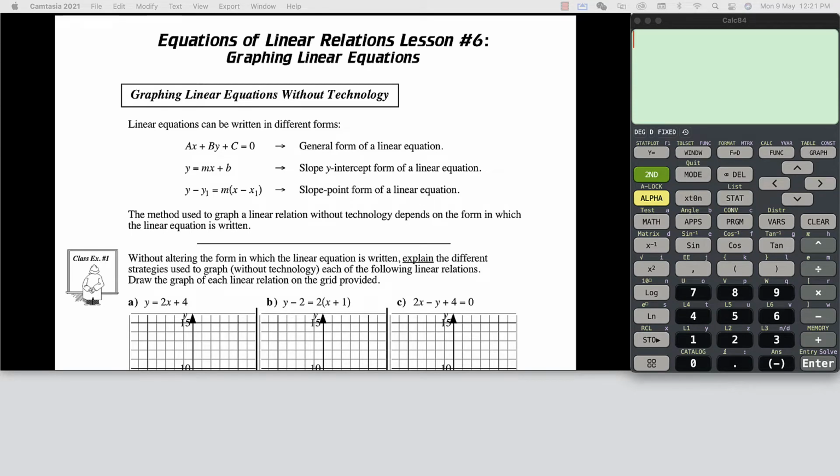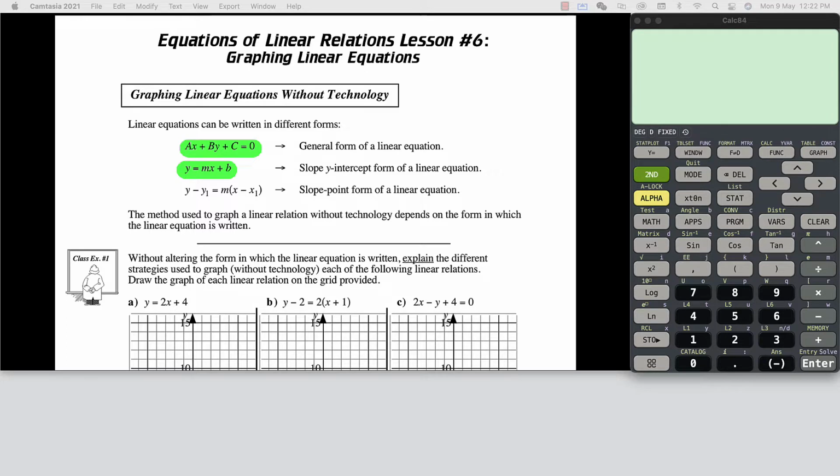We're on Unit 9, Lesson 6, and we're continuing to look at linear equations and different ways to graph them. So first of all, remember that we've got these three different forms of a linear equation. We've got the general form, which is ax plus by plus c. And we've got the slope y-intercept form, which is y equals mx plus b.